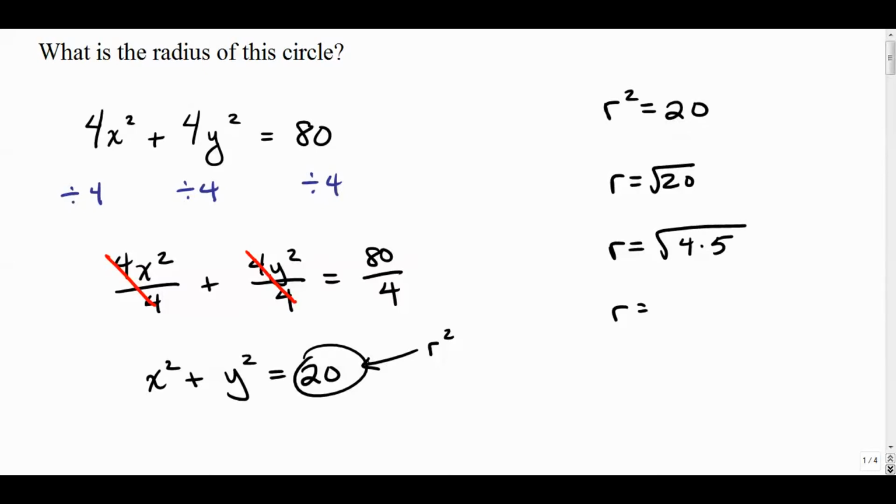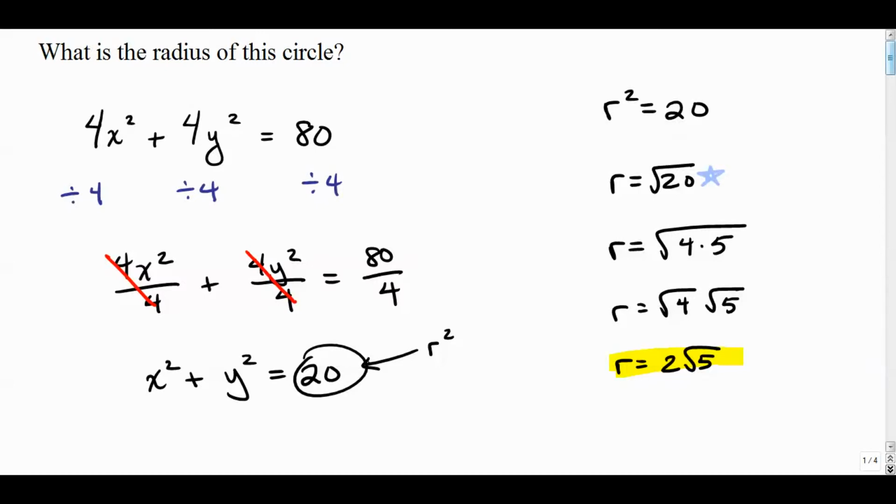So we take 20 and bust it up into 4 times 5. Our radical rules, split them up. Square root of 4 is 2, and radical 5. So there is the answer to the question, 2 radical 5. It's a heck of a lot better than leaving it in this form, and it's certainly better than using your calculator to get a decimal, because it's not going to give you an exact answer.